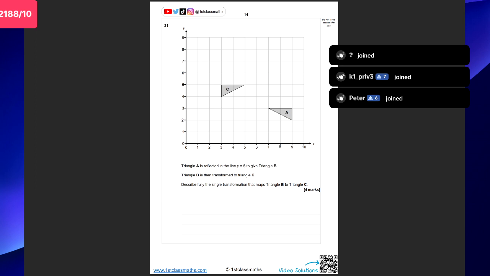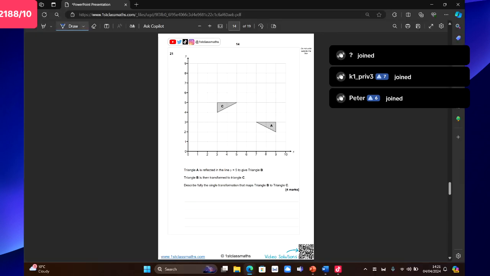Okay, next question, so this one here is going to be a bit trickier to do on the screen. So triangle A is reflected in the line y equals 5 to give triangle B. So y equals 5 is going to be here. Let's actually draw that on there.